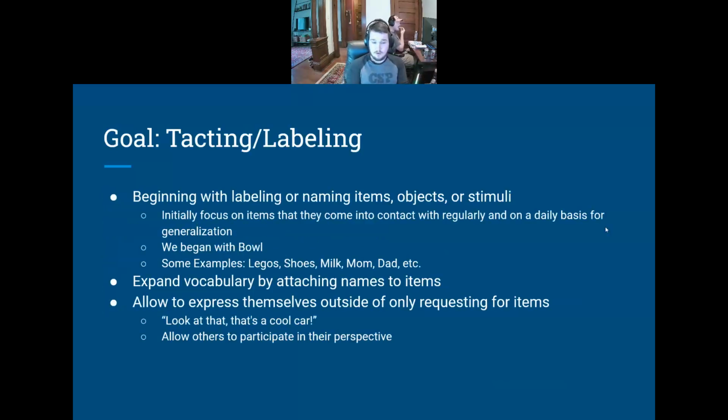So, what's the goal? We're going to try to expand his vocabulary by attaching names to items. This is what tacting and labeling is, and it's one of the primary goals in the VB-MAPP as well. So first we're going to begin with labeling or naming items, objects, or stimuli, and we're going to initially focus on items that they come into contact with regularly and on a daily basis for generalization.